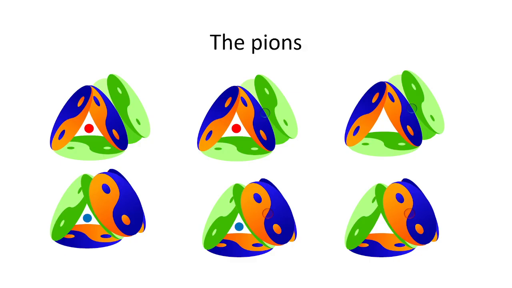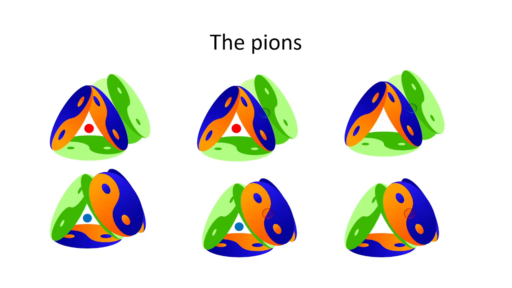The pions are constituted of two chrominates, one up and one down chrominate. If you put one positron into the up chrominate, you have an up quark.